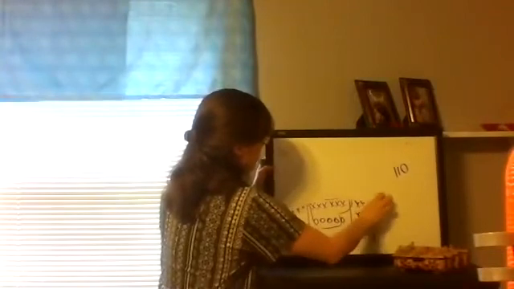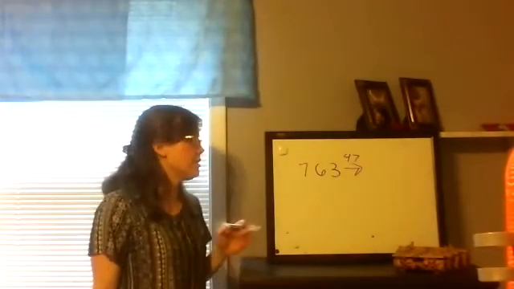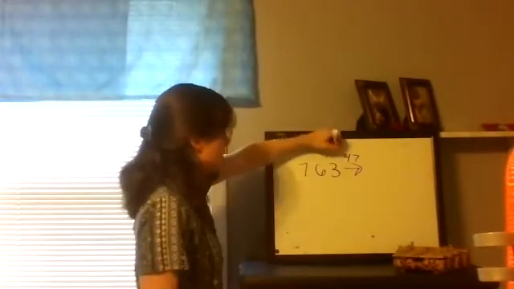Let's try another one. How about the number 763? And I want to add 7 ones and 4 tens. 7 ones and 4 tens. 47 to the number 763.